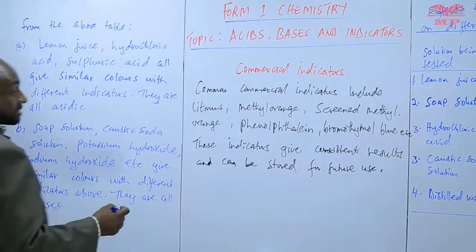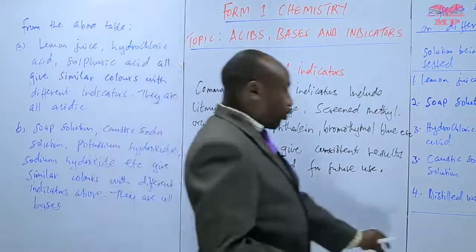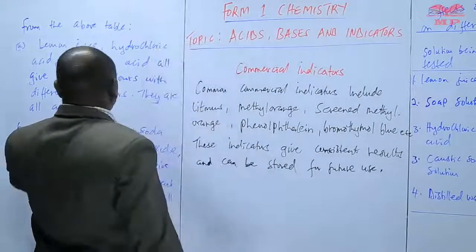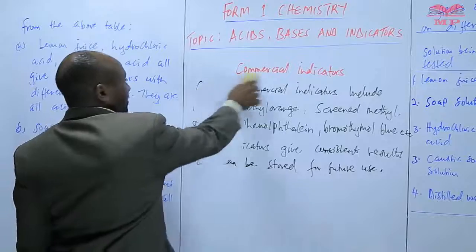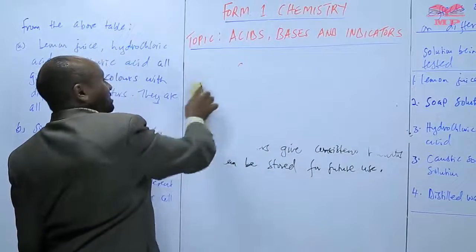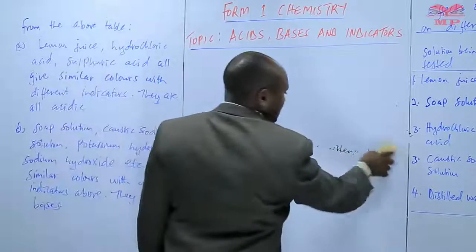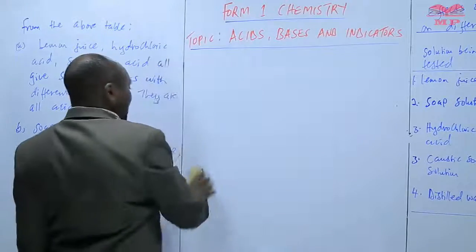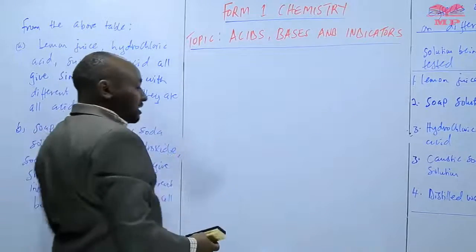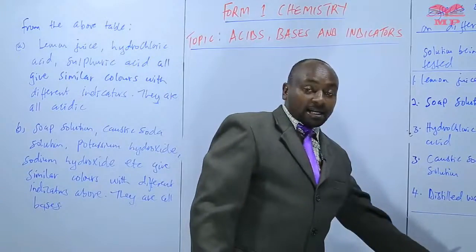They are bases because they have their own color that is different from those that are acidic. Remember we said that the work of the indicators is to tell us, is this an acid or is this a base? If it is an acid, it gives you a certain color. If it is a base, it gives you a different color.